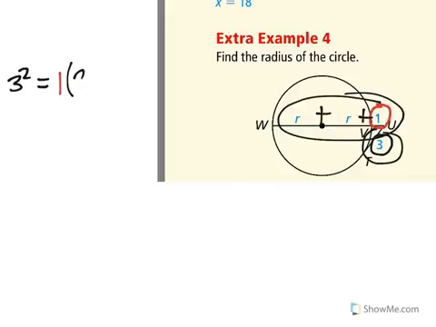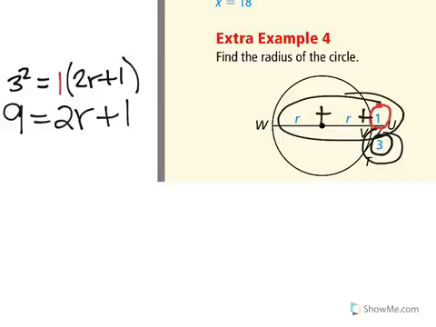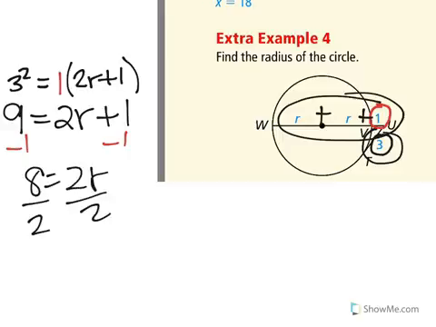So that's 2r plus 1. Okay, and so now we don't have to distribute the 1 because if you take 1 times 2r, it's just 2r, and then 1 times 1 is 1. Alright, so 3 squared is 9, and then we have is equal to 2r plus 1. We subtract 1 on each side to get 8 equals 2r. We divide by 2, and we get r to be 4.